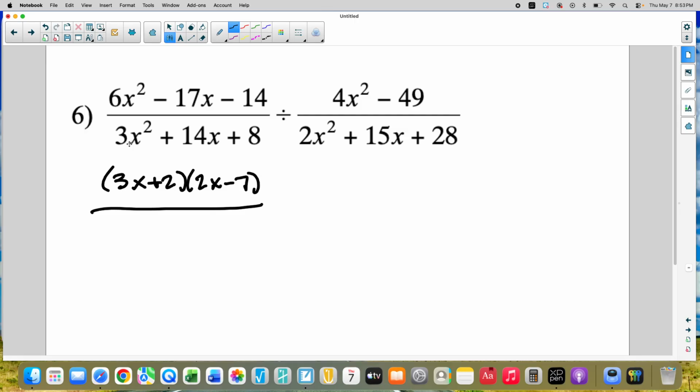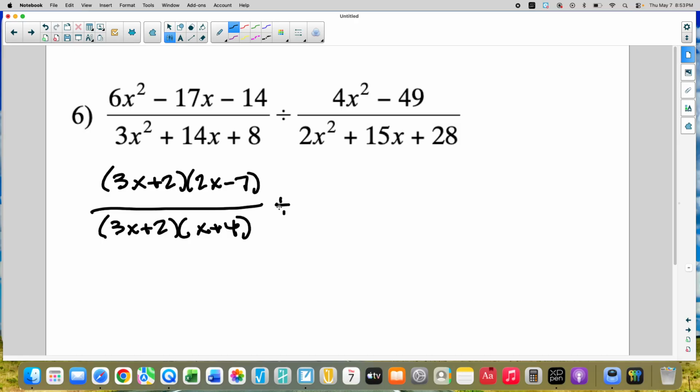Factors of 24 are 2 and 12. The signs are the same. 2 and 12 makes 14. So this factors to be 3x plus 2 and x plus 4. So we got 3x squared, you have 8, and then you have positive 2 and 12, which makes 14.